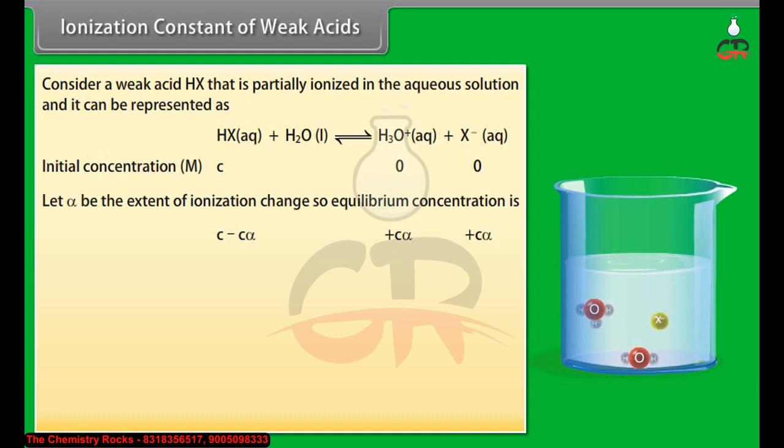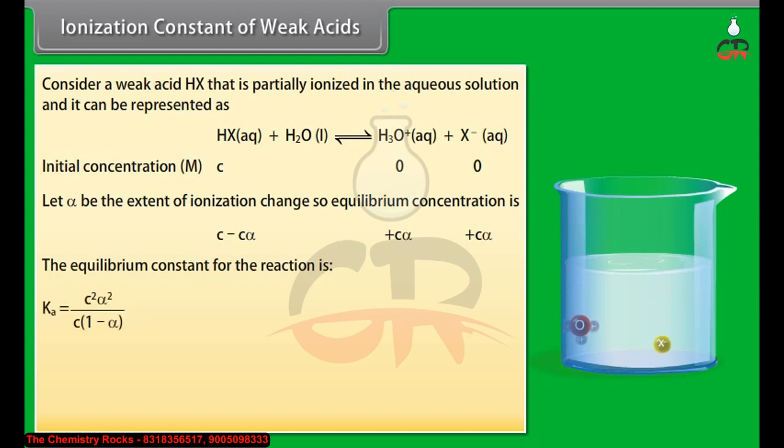H3O plus equilibrium concentration is C alpha, and X minus equilibrium concentration is C alpha. The equilibrium constant for the reaction is Ka equal to C squared alpha squared by C into 1 minus alpha. Ka is equal to C alpha squared by 1 minus alpha.